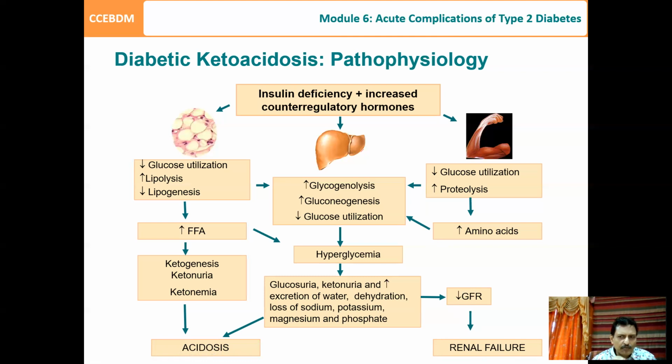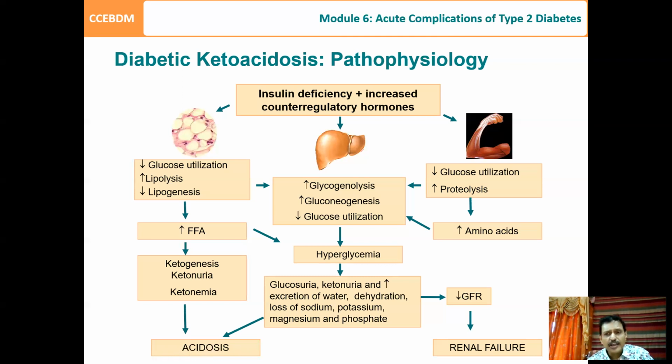But if some amount of renal function is there, if the patient is producing urine, then if we hydrate the patient, that will solve a lot of the issues, because once the hydration is there, GFR will improve, and because the kidney opens up, the glucose will come out into the urine, so the blood glucose level will come down.